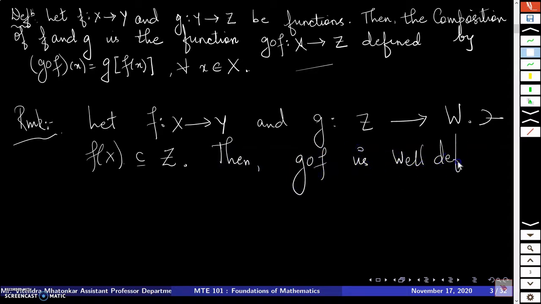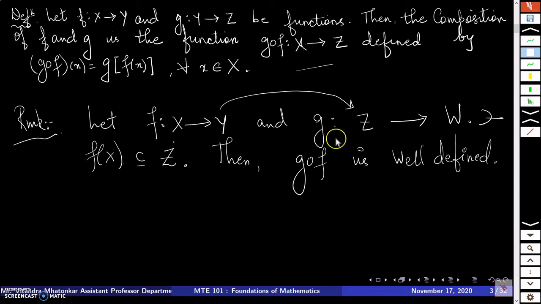Then we can talk about the function g composite f. So it's not necessary that these two sets have to be equal. It's enough that the range of f is entirely contained inside the domain of g, and if that happens, then I can talk about their composition, that's g composite f.